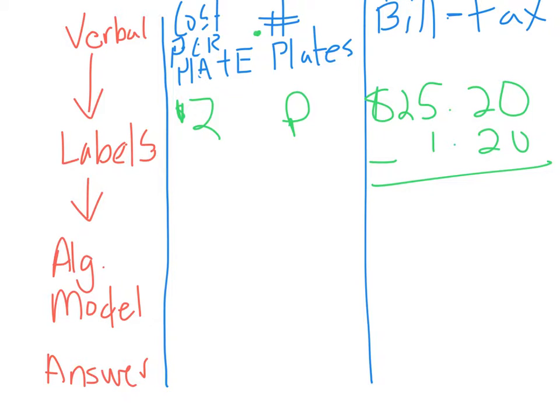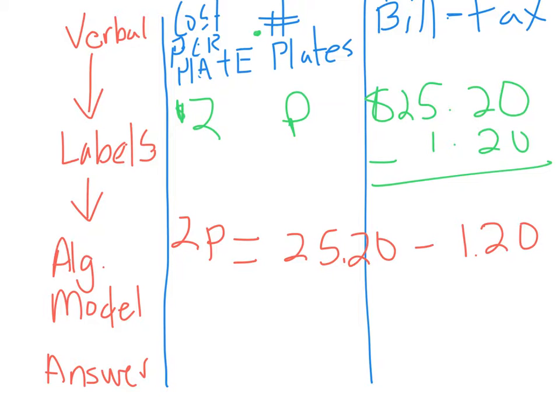And our algebraic model, our equation, would be 2p equals 25.20 minus $1.20, and then we can reduce that down. 2p equals 24.